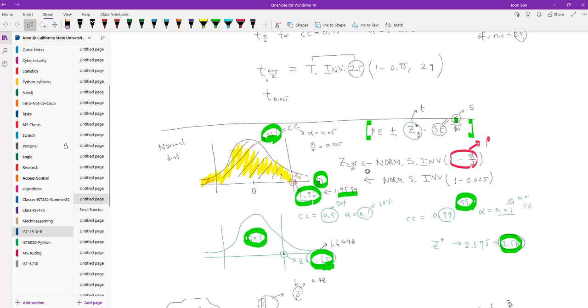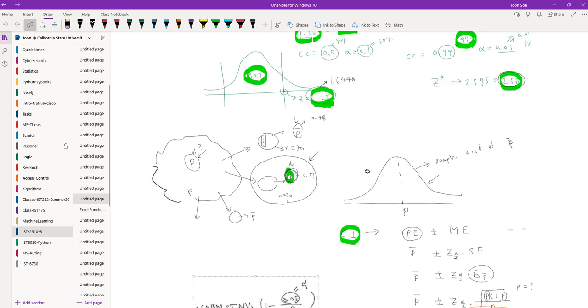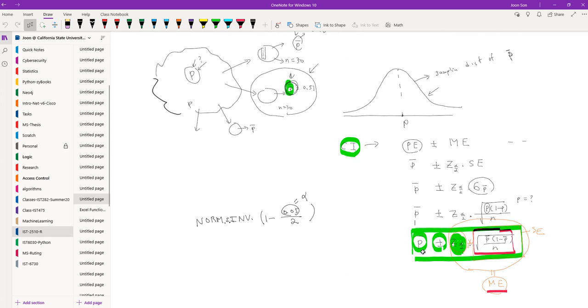The most important formula is p bar plus minus Z critical multiplied by the square root of p bar times 1 minus p bar over n. That's the most important formula for the confidence interval.